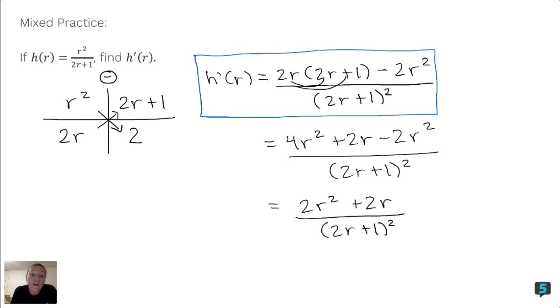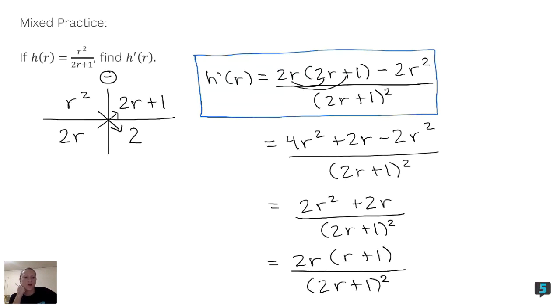If we check out that numerator now, we actually have a common factor of 2r. If we factor that out, we'd be left with what? R plus 1 over 2r plus 1 quantity squared. So it cleans up a little bit, but, I hate to say the word perfectly, because I don't know that there's any perfect simplification, but that might be something more like what your instructor's hoping for, Dylan. Does that help some?